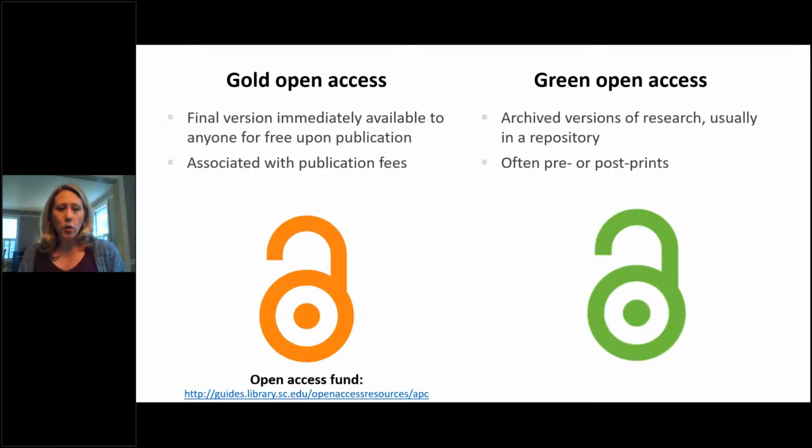If they're publishing open access, there is no subscription, right? Because it's all automatically available to anyone. So one of the things that makes it difficult to publish open access is that there are often fees involved with publication that are passed on to the authors or the funding agency or the institution or the library, and they're called APCs, article processing charges.